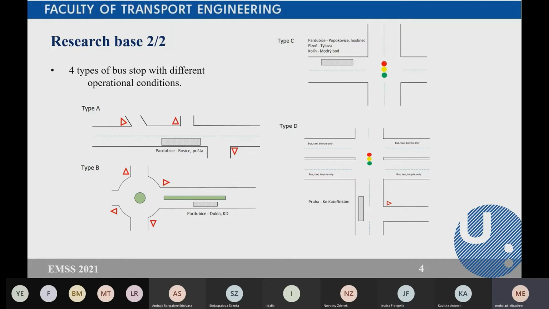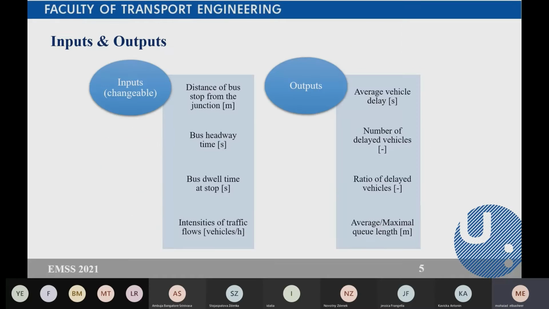B represents interaction with a roundabout, where vehicles are strictly obligated to stop behind the bus at the stop. C could be marked as the most common situation. D represents more complex nodes with rush traffic with some specifics, like a reserved driving lane. Having finished this part, I'd like to turn to the next point, inputs and outputs. Inputs characterize operational features of the assessed situation.